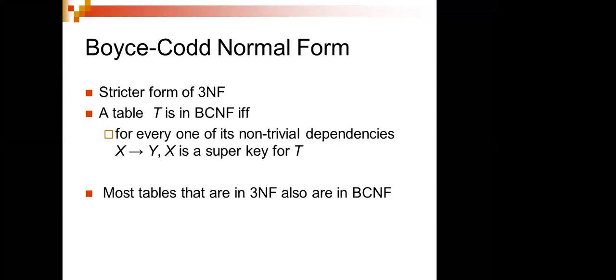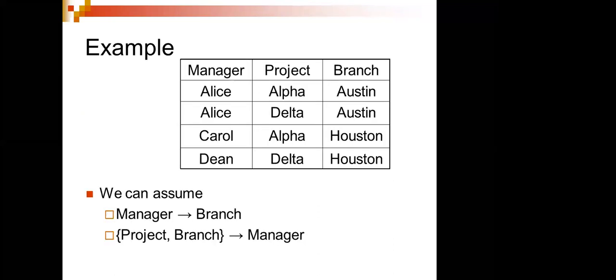Only then are we moving into the third normal form. In third normal form, whatever key depends on the other, the one depended upon is called the super key, right? Most of the tables are in third normal form. So all three normal forms together are called BCNF.